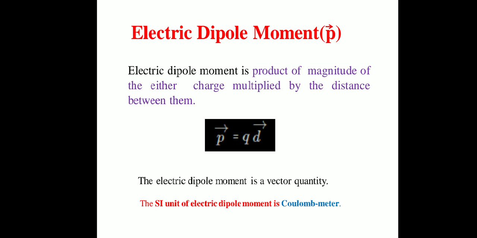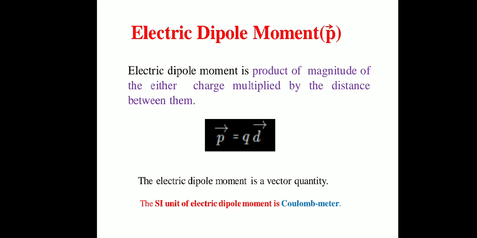Now let us go to the next topic, which is electric dipole moment. It is denoted by the symbol small p bar, and the formula for electric dipole moment is p bar equal to q into d bar. If you remember this formula, it is easier to define the electric dipole moment.